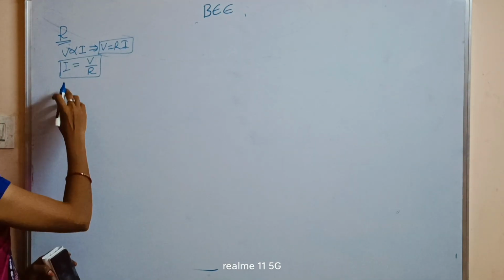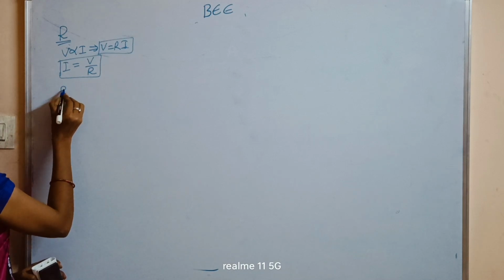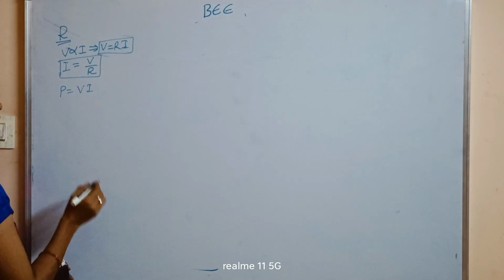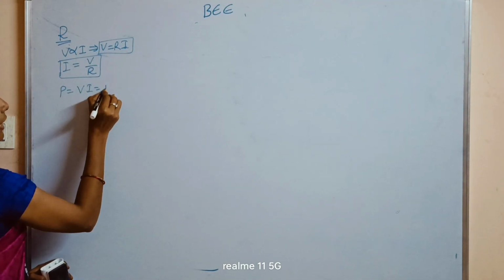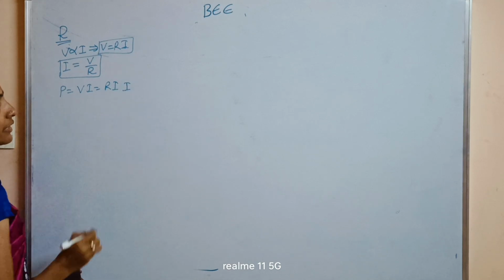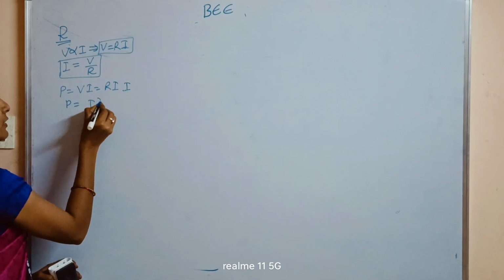Now current and voltage give power. So P equals V into I. Now V is nothing but R into I, and I is already there, so P equals I square R.